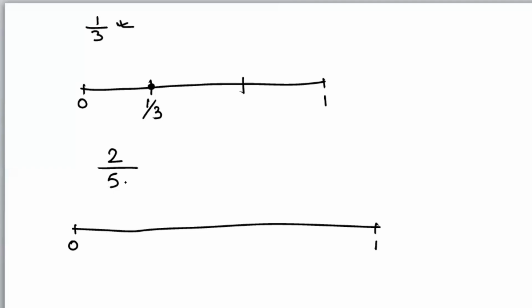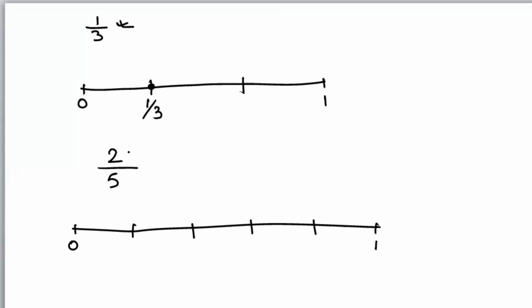What number is written on the denominator? It is 5. It means we have to divide this line into 5 equal parts: 1, 2, 3, 4, 5. Now we have divided this line into 5 equal parts.